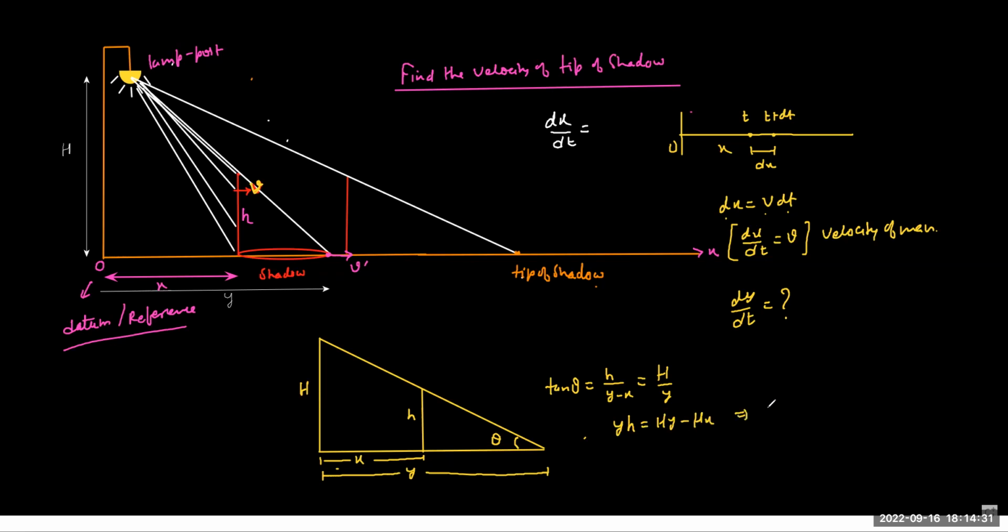This implies, can we write H minus h into y is capital H x, right? So y is how much? Capital H upon capital H minus small h into x.